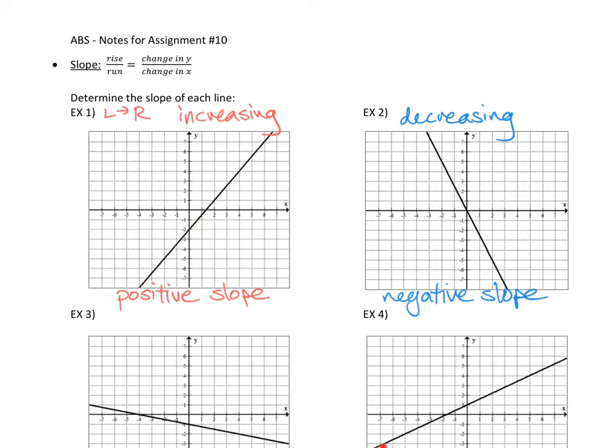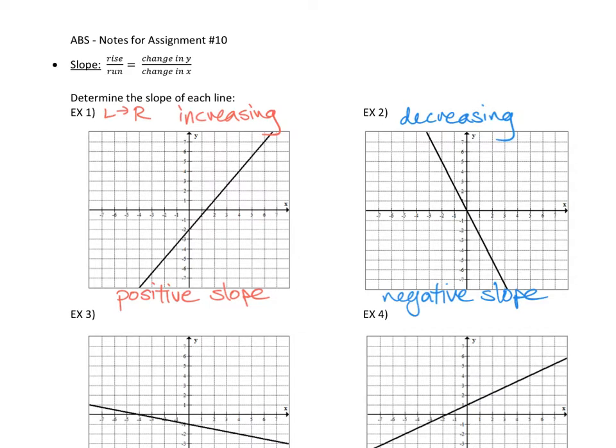And as I start on the left side and move to the right for example 4, this is increasing and this line has a positive slope. So we can't just say, hey, this is a positively sloped line and this is a positively sloped line and they're the same thing. They're sloping at different rates. So that's what we have to concentrate on now, is finding what is that rate? How can we measure that rate?